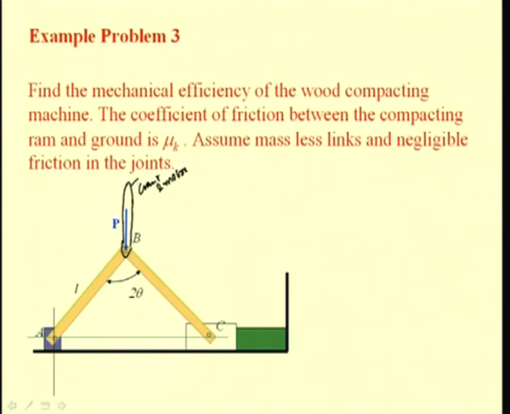So, the force is applied through this connecting rod at this joint B in order to crush, or in this case compact, the wood.